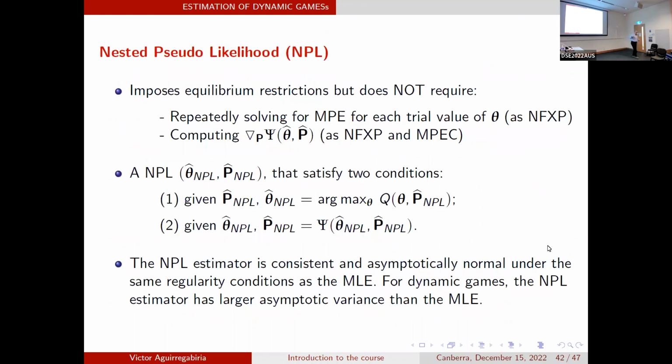Then let's consider the nested pseudo likelihood estimation in this context. The definition of the nested pseudo likelihood is exactly the same as in the single agent case. It's again a vector p and theta that satisfies two conditions. Given p, the vector of choice probabilities, theta maximizes the pseudo likelihood function.